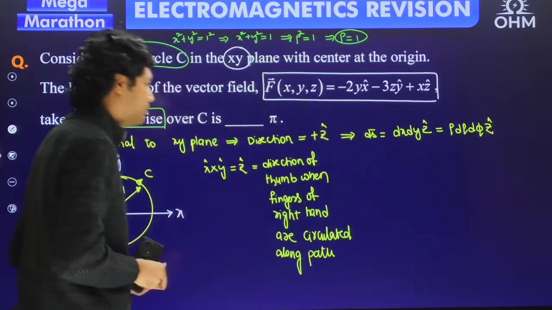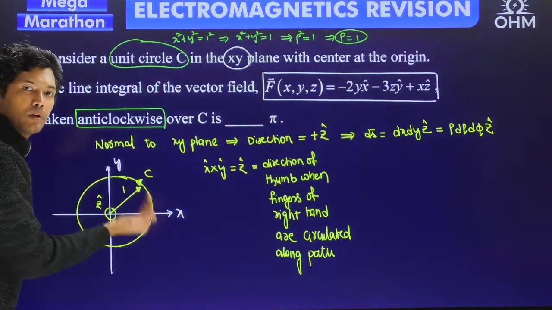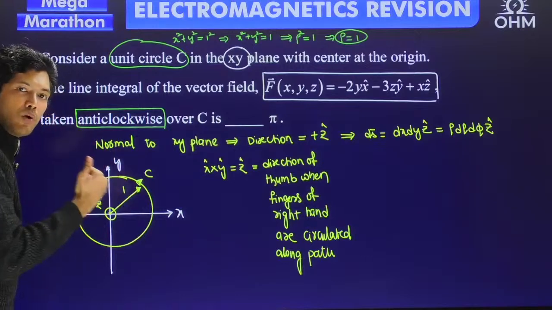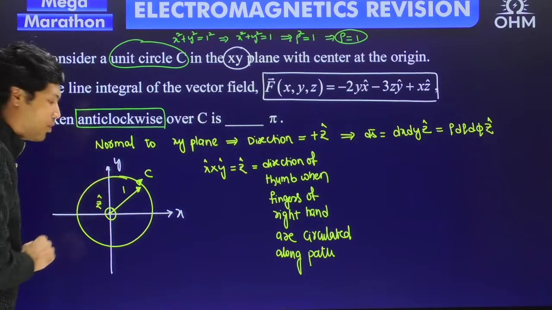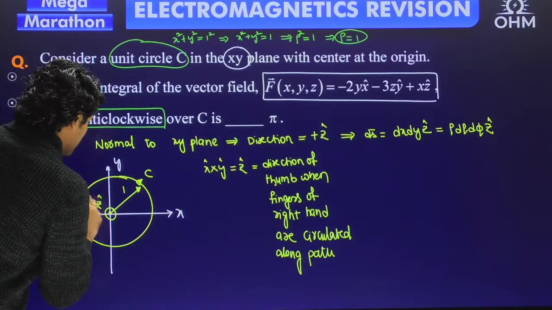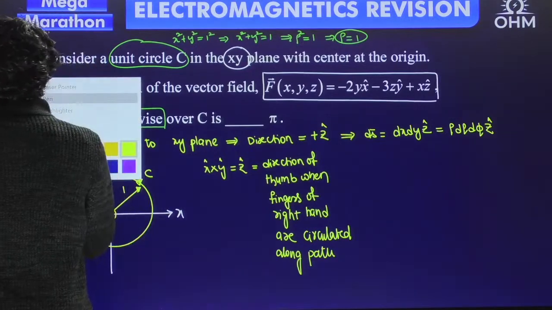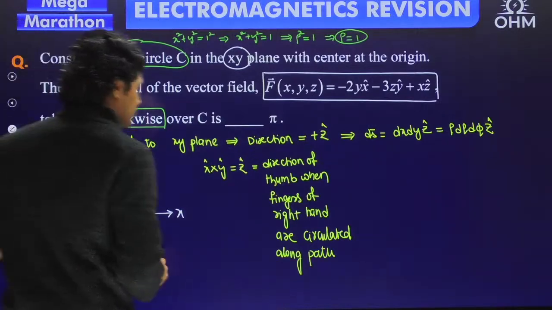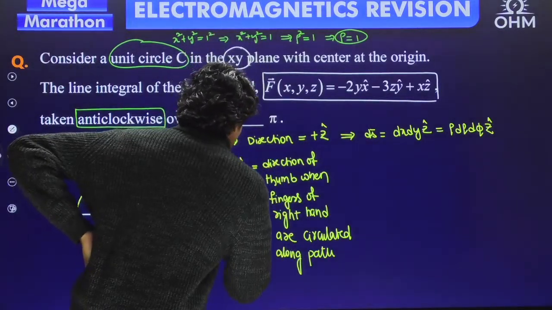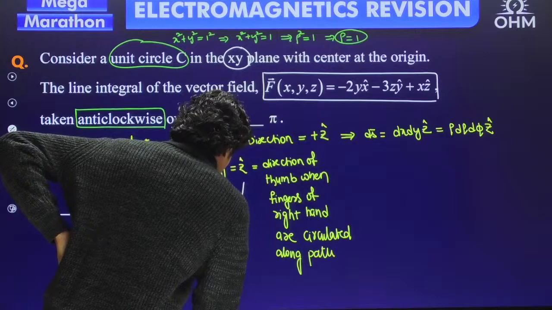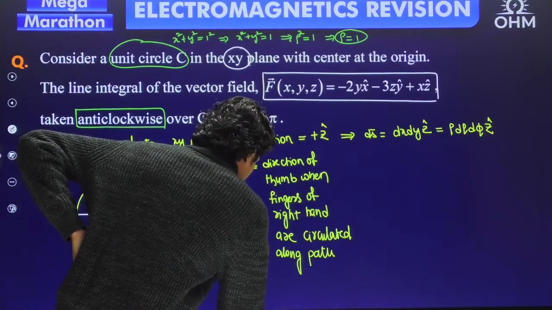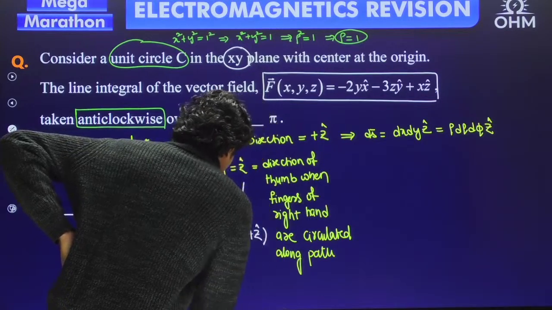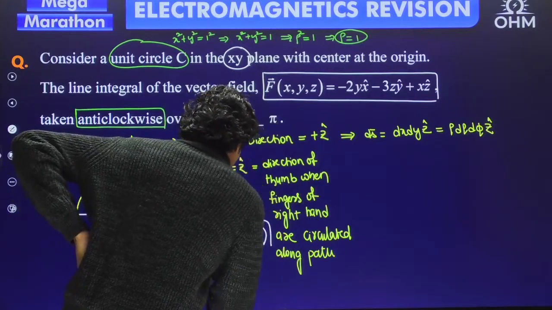Always curl your fingers in the direction of the path, and the thumb indicates the direction. In this case the direction is z cap, definitely plus z cap. So I can safely take ds bar as ds times plus z cap only. We don't have to take minus z cap here.